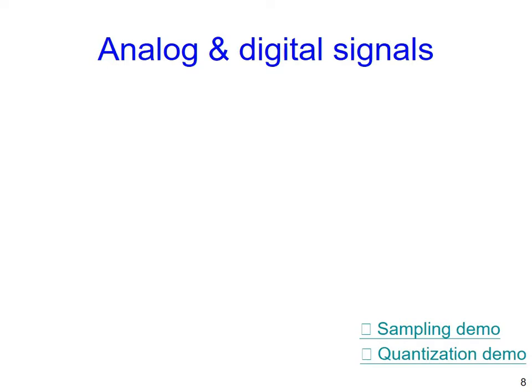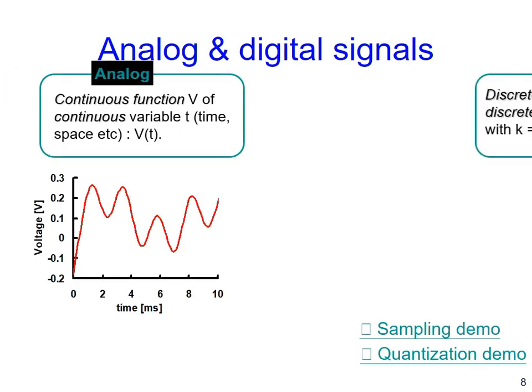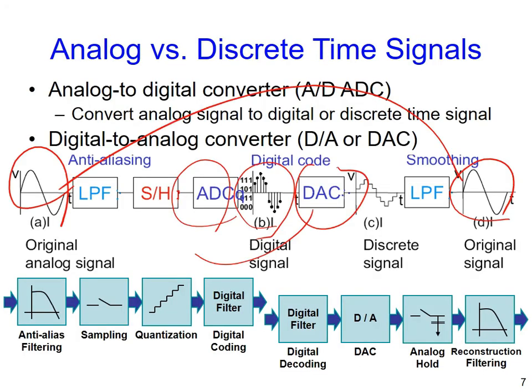Okay, so analog and digital signal, right? Everything is continuous in analog. All right, here I would like to show you, for example, this is your original analog signal. You may be curious, as I mentioned, because our memory capacity is limited, we need to do sampling.